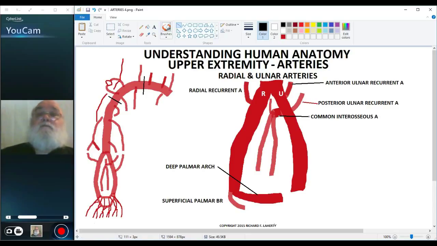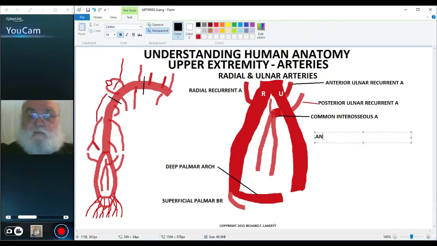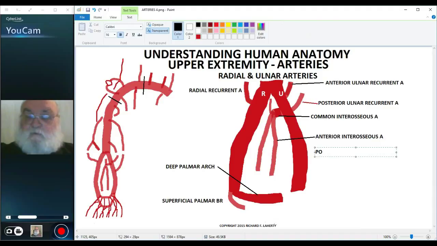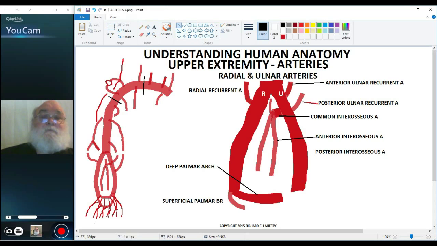And it divides into an anterior interosseous artery, and the other artery that the common divides into is the posterior. Draw a line to it.